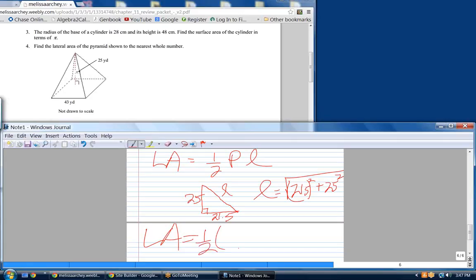The perimeter is 43 times 4. So there's the perimeter, and then the slant height is that. So that's our answer. And again, let's not take the time to actually do it. You can do all of the arithmetic afterwards.